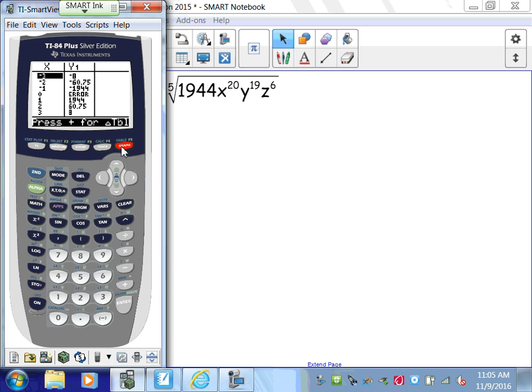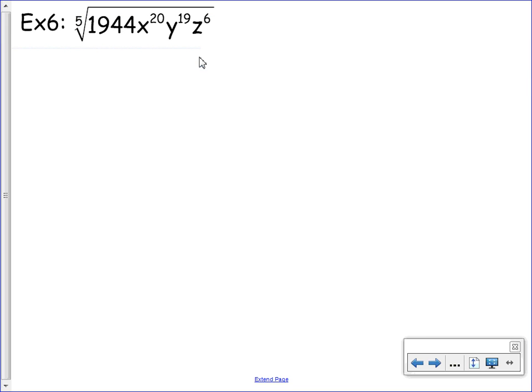It's not negative, so let's put it as positive. Oh, that's it. 3 and 8. Okay. So the first part of this would be 3 fifth root of 8. X to the 20, x to the 4th. Y to the 19, third fifth root of how much is left over is 15.